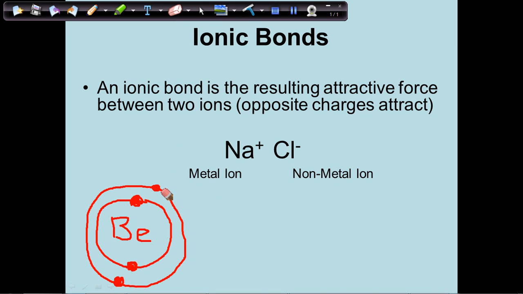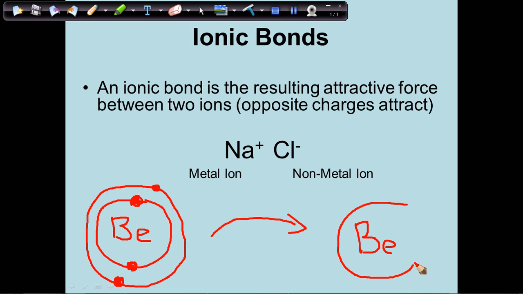So essentially, beryllium will lose those electrons, and when it does, it will have just the 2 electrons. If it's lost 2 electrons, now remember electrons are minus, it's lost negativity, it's going to be less negative.